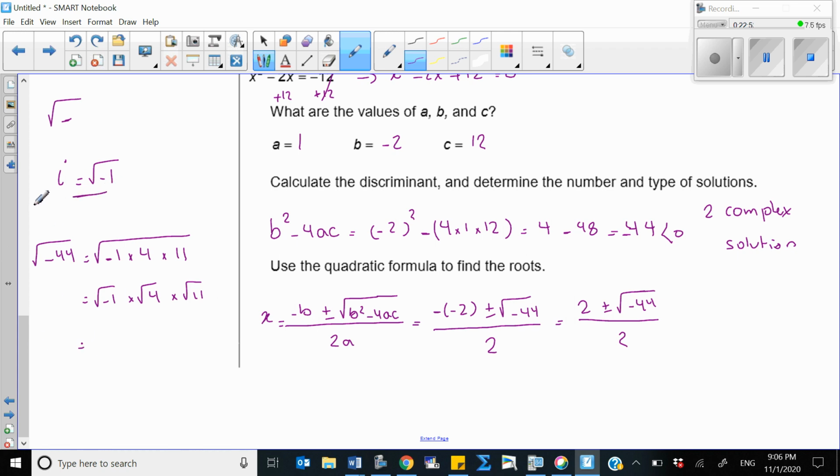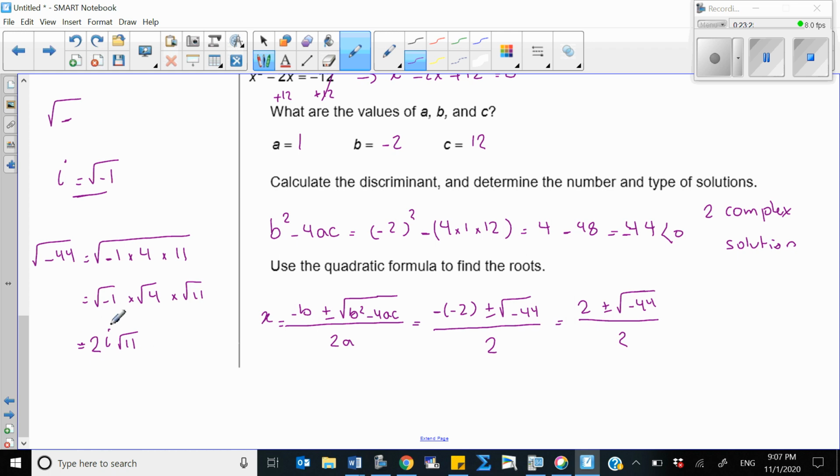We just found that it was equal to i. So instead of square root of negative 1, I'm going to write i. Instead of square root of 4, of course I can write 2. I'm going to write that in front of i because we're just used to writing the coefficients in front of the letters. And then we have square root of 11. So square root of negative 44 is equal to 2i square root of 11.